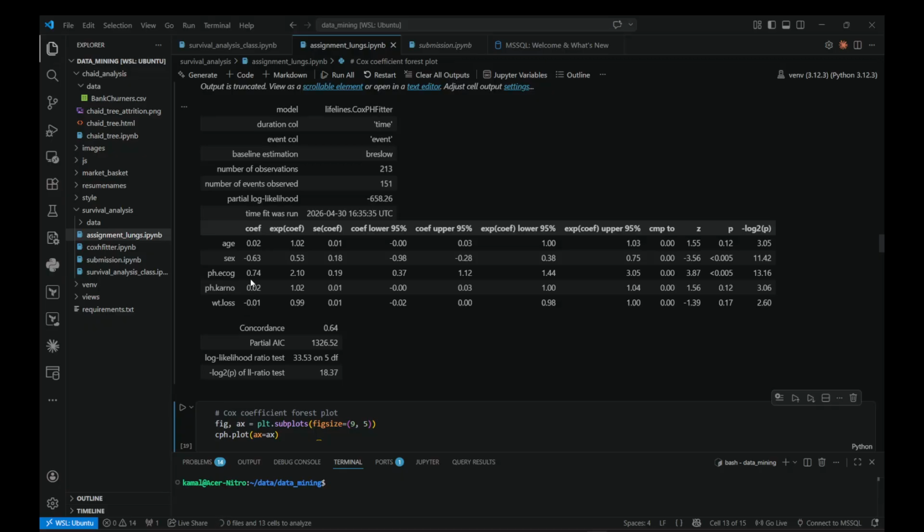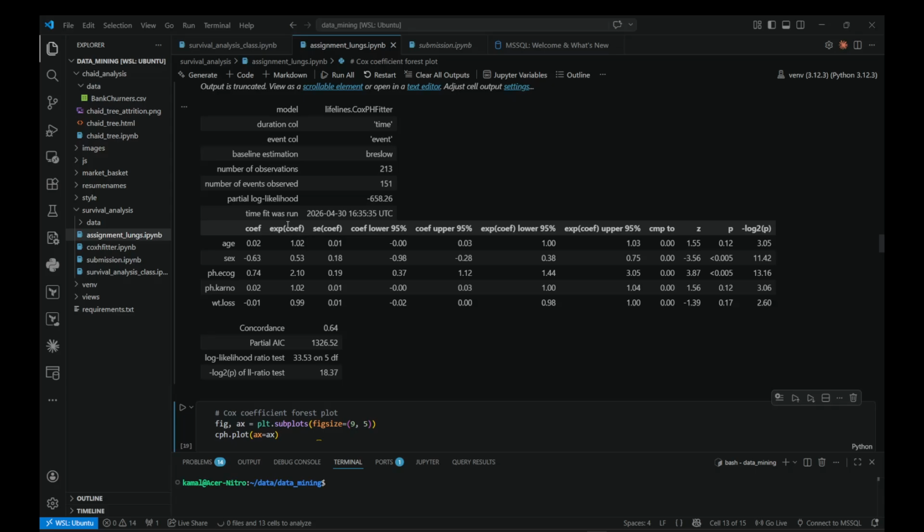The model produces a coefficient for each variable, and a positive coefficient means the variable increases the hazard, that is, it increases the risk of death, and a negative coefficient means that it decreases the risk. We also look at the hazard ratio, which is simply the exponential of the coefficient.